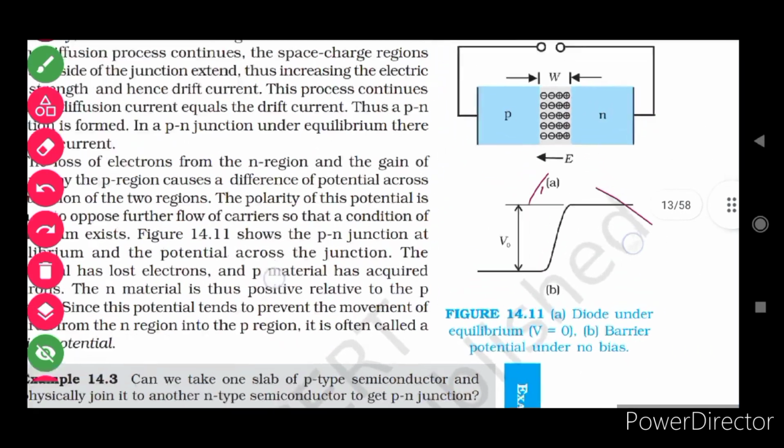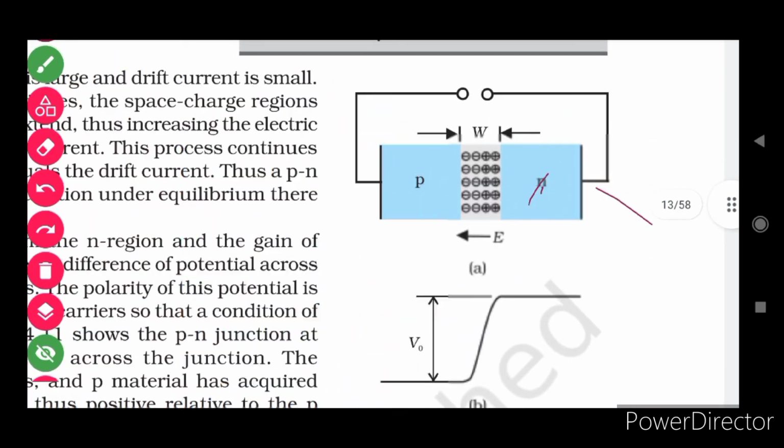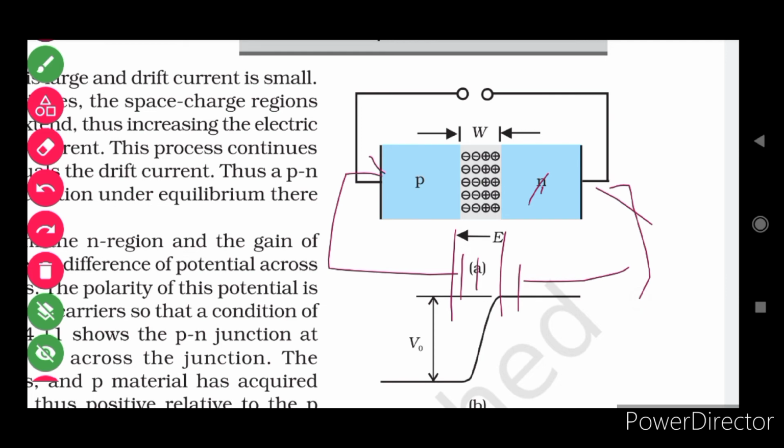Now you see, as I told you, there is a voltage potential barrier here. Due to the movement of the majority charge carriers, there is a potential barrier that the majority charge carriers now cannot cross. So when we apply a battery to this, the positive side will apply an electric field in this direction, and the electric field due to the potential barrier is in this direction.